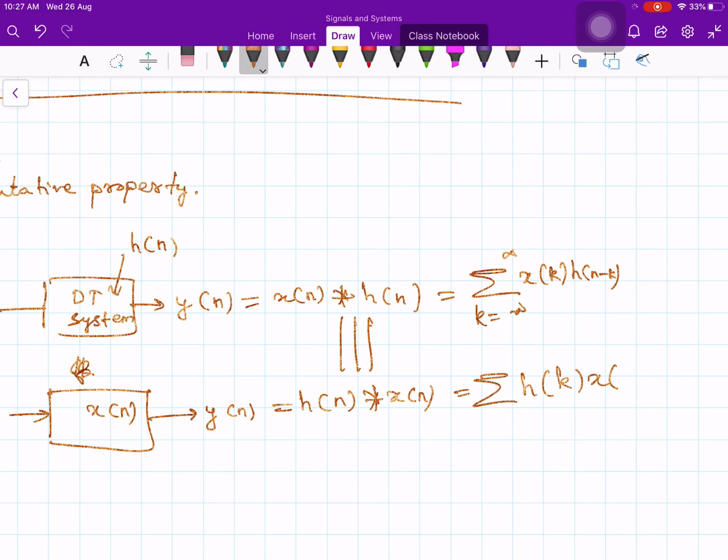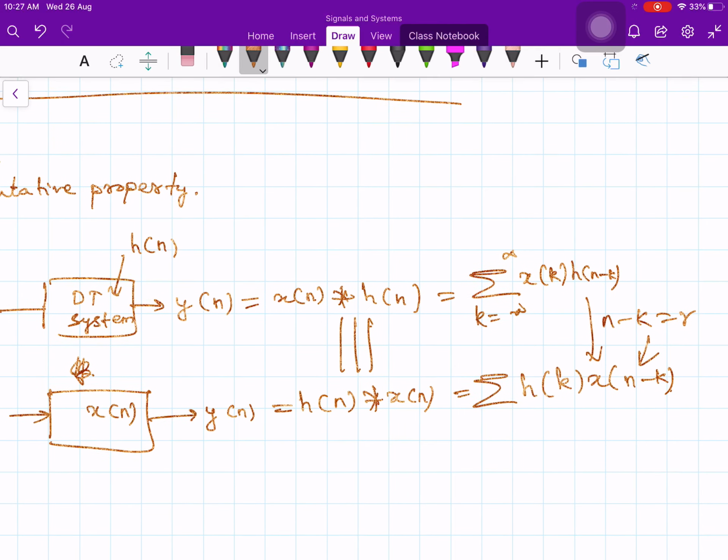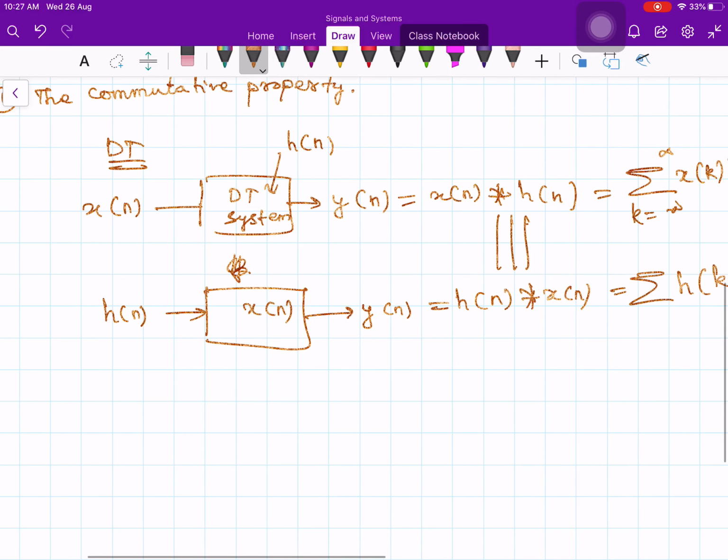Both are the same, and you can easily prove it. We already did this in one of the previous lectures. Let n minus k equal r, and substitute, and you will get this expression. Therefore, it obeys the commutative property. That means x of n convolved with h of n will be the same as h of n convolved with x of n. That's it.